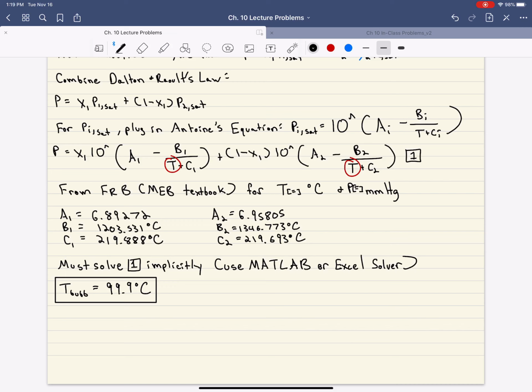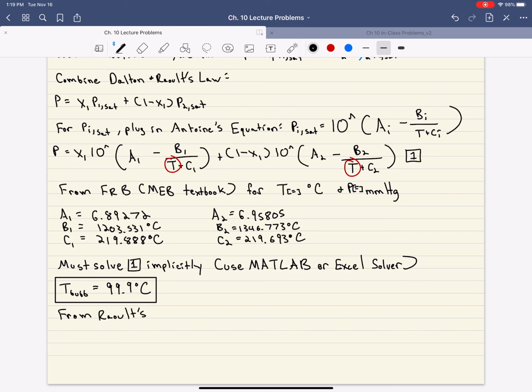So we have the first part of our problem solved. For the second part, it's actually pretty straightforward from here. Once again, if we go back to Raoult's law, we know that P1 can be described in terms of its vapor phase composition times the total pressure.